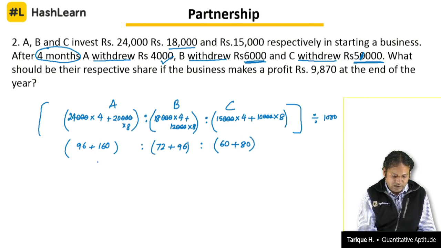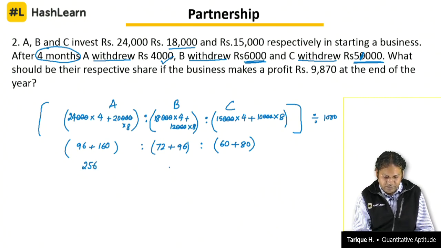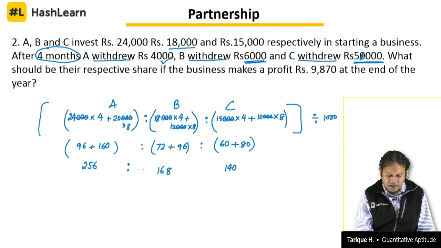So let's add this total. How much are we getting here? 256. 16 plus 96 is 112, plus 144 is 256, and here we get 168, and this is 140. So 256, 168 and 140 are all divisible by 4. Divide by 4, keep simplifying.